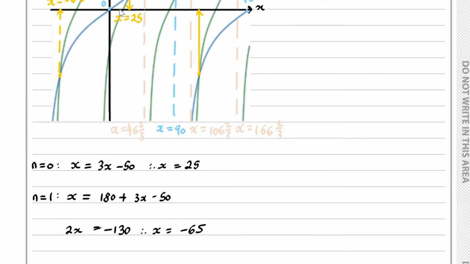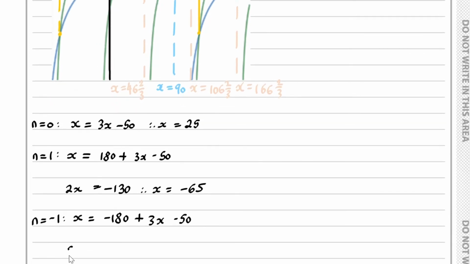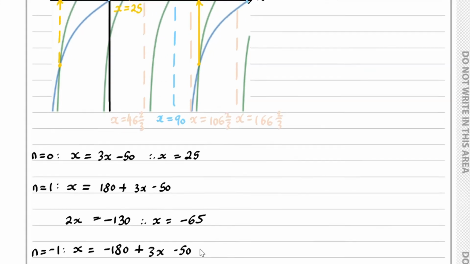Now let's see what happens when n is equal to minus 1. We've got x, which is equal to minus 180 plus 3x minus 50. So here we've got 2x equal to, well, here we've got minus 230. Taking that to the other side, we get 230. So therefore, x is equal to 115.